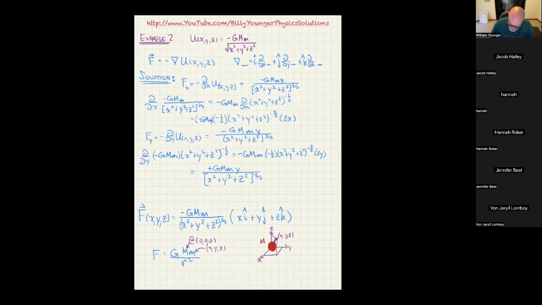If I wanted to make a vector from X, Y, Z to 0, 0, 0, the way I do that is I take 0 minus X, 0 minus Y, and 0 minus Z. And that's how you do it.